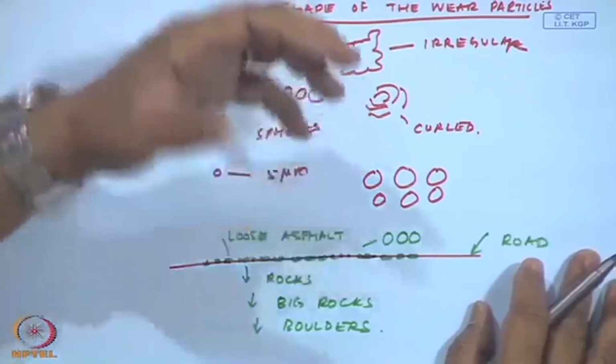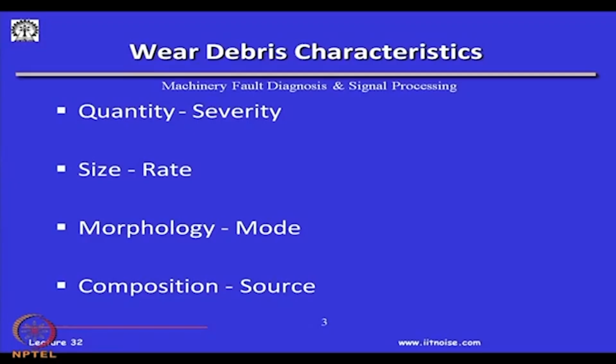If it goes untreated, you will have big components coming out, big spheres coming out, and so on. So the size will decide the rate of severity of this wear debris. Okay. So with time you will see that the particle size, maybe it was 5 microns to begin with, and then it became 10 or 20 microns, and so on.